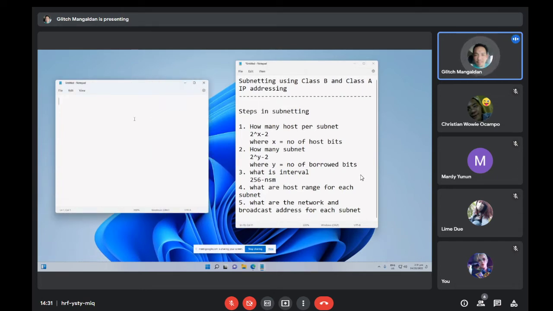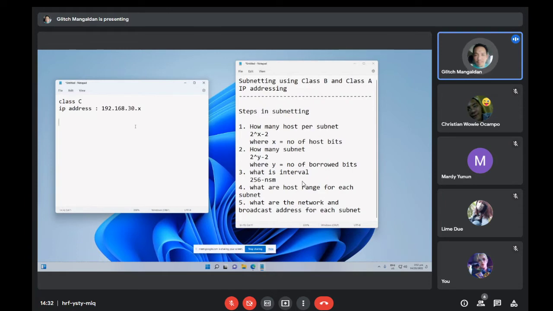For example, we will still use class C. Next, for our given, the IP address to be used is 192.168.30.x. That means the last part is what we are looking for.